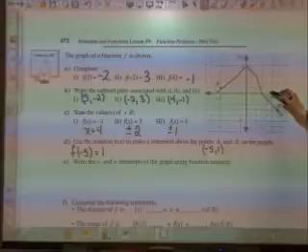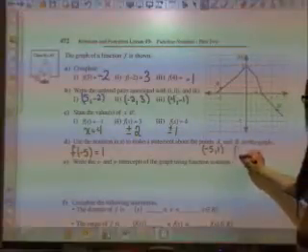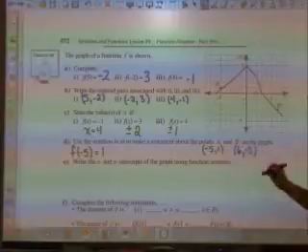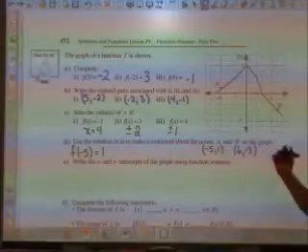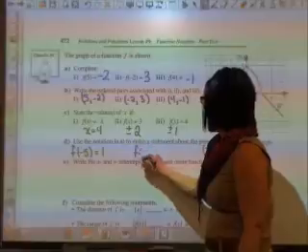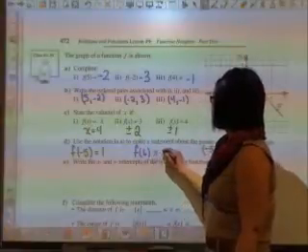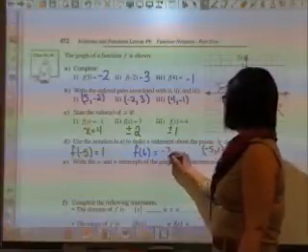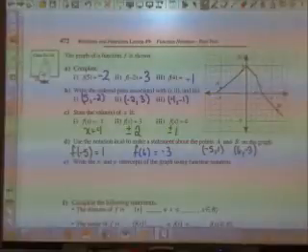B has coordinates of 6 and negative 3. So the function notation of this one would be f at 6 is equal to negative 3.